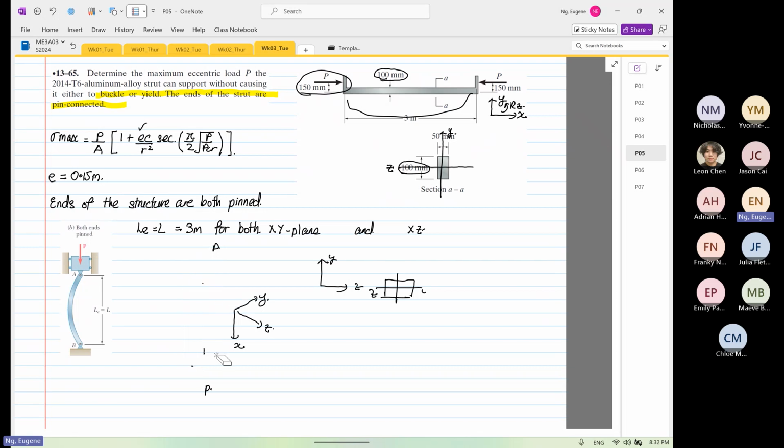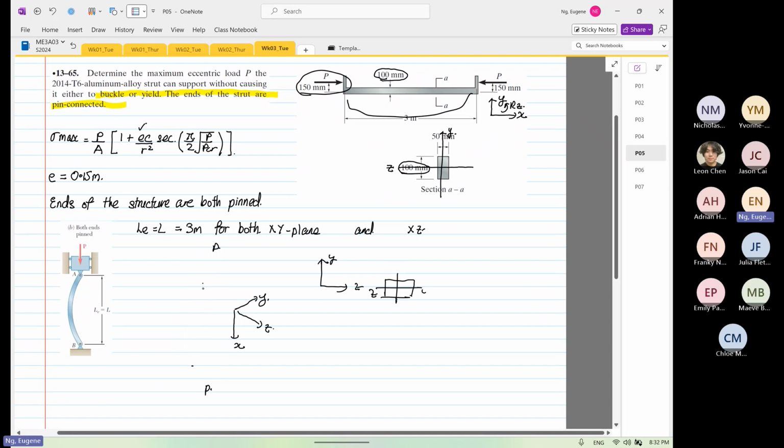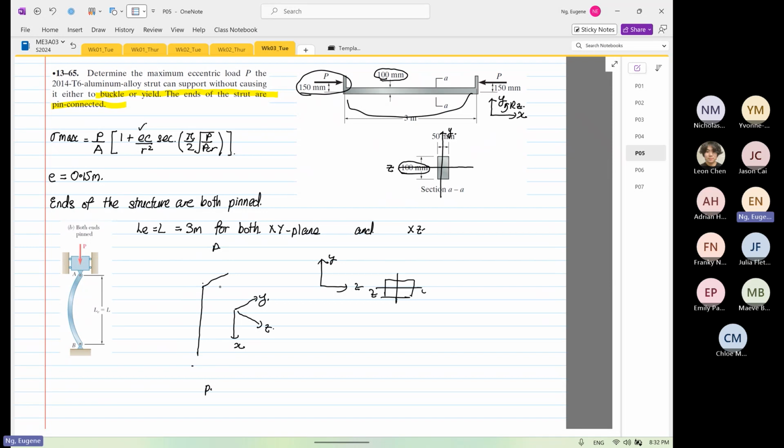Okay, so I will redraw this. Now this will be thicker, yeah, this will be thicker, right? And this side will be thinner. Much better now.